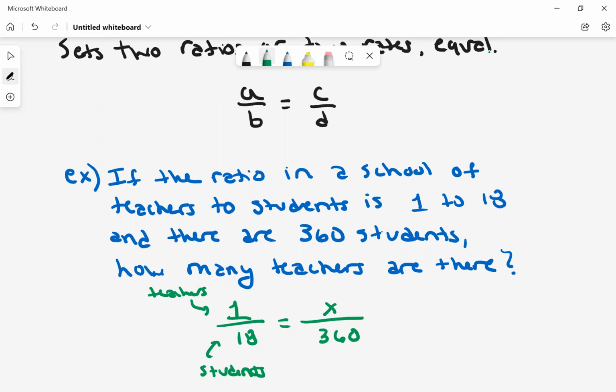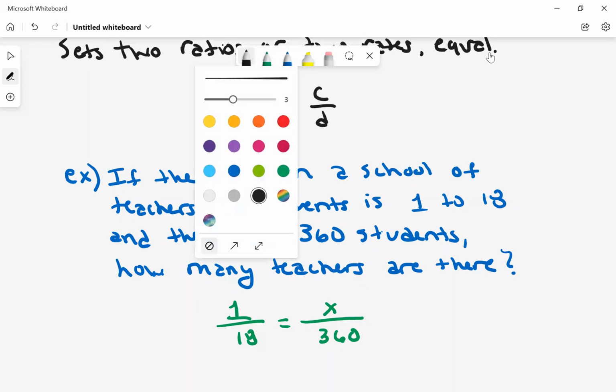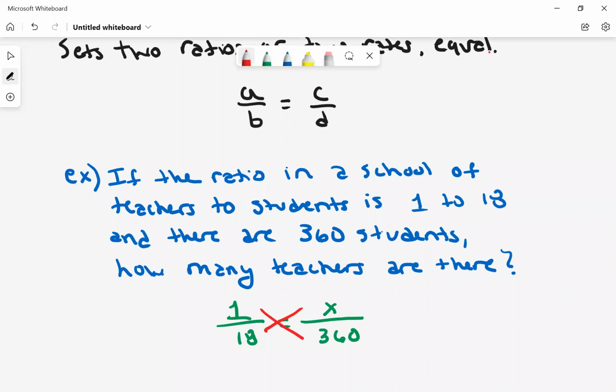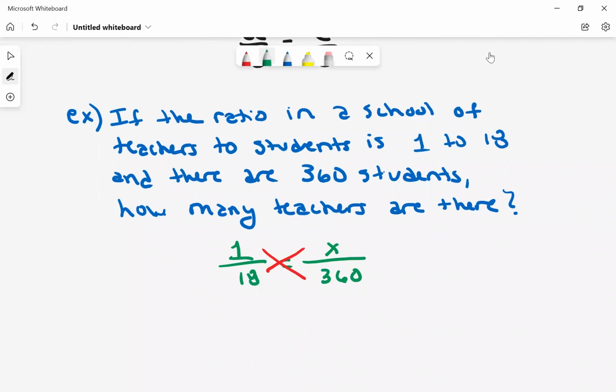And you might remember that when we have two fractions equal to each other, the way we could solve them is cross multiply. So I'm going to cross multiply. And that's going to give me 1 times 360, which is 360.